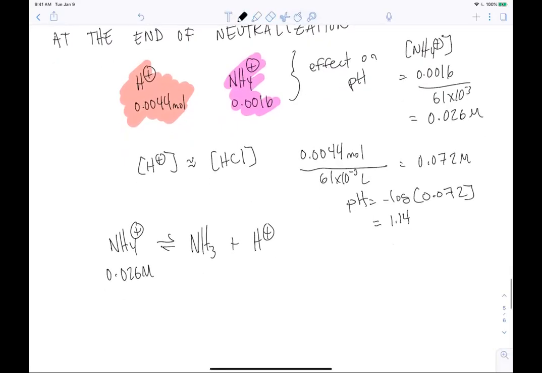You can calculate what the contribution to the pH is from that if you wanted to.